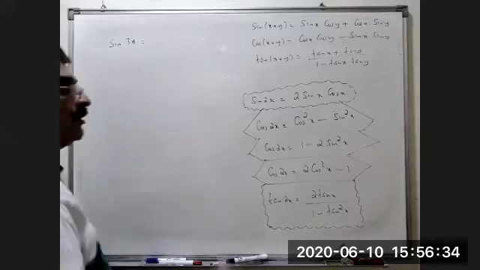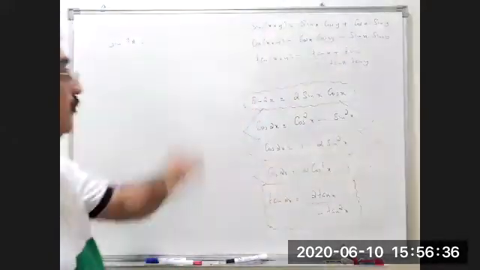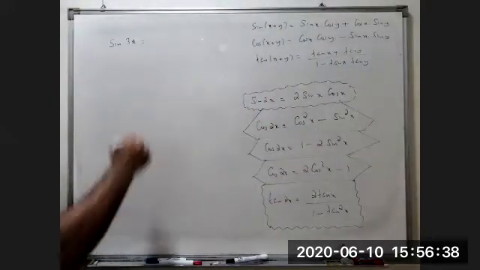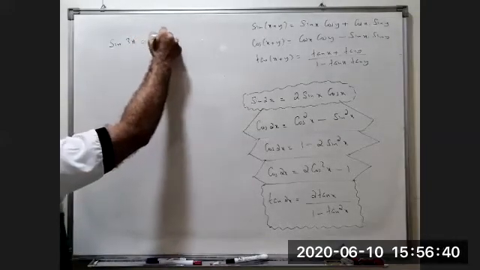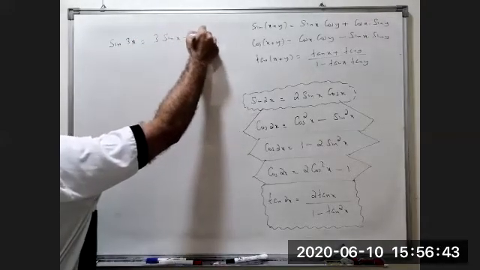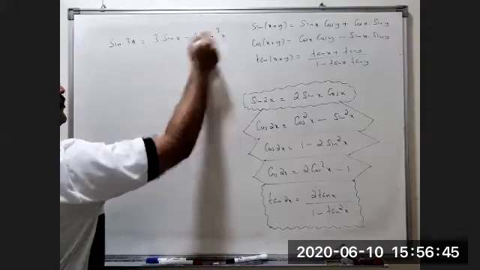Similarly, sin 3x will be sin(2x plus x). If you simplify it, we get 3 sin x minus 4 sin cube x.